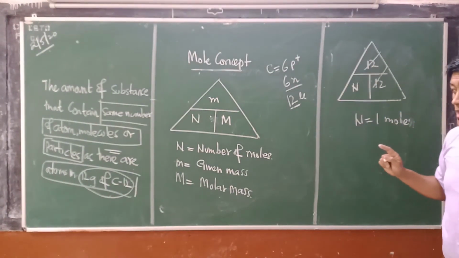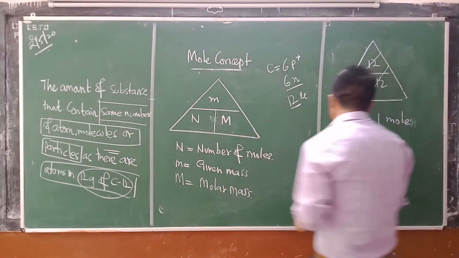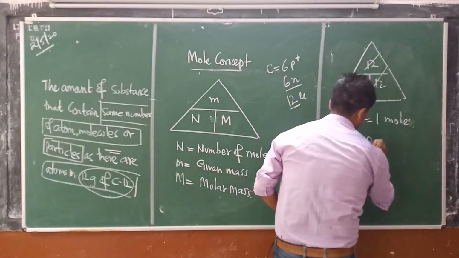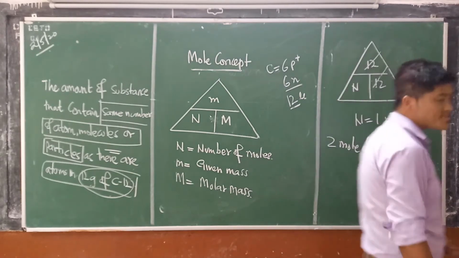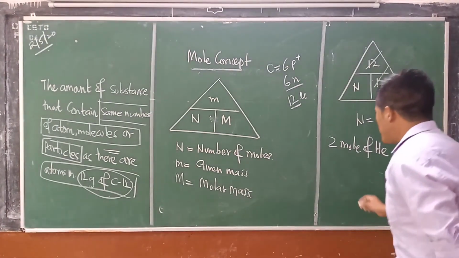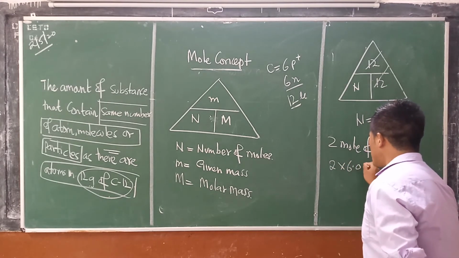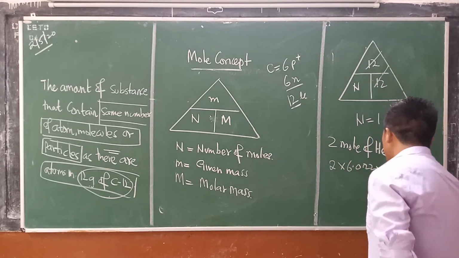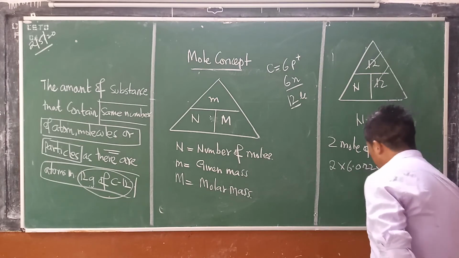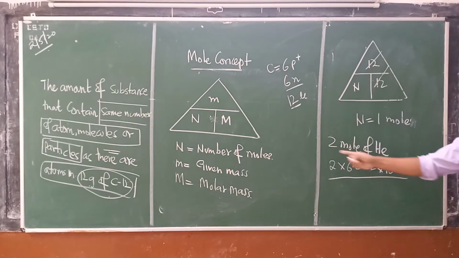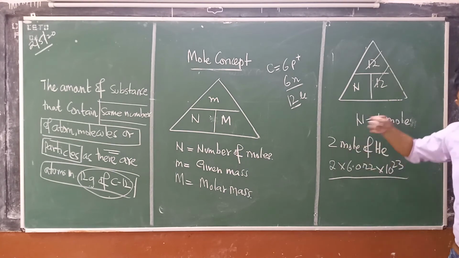Is that clear? Now let us imagine, if I say 2 mole of helium, that means I have to multiply 2 into 6.022 into 10 raised to power 23. That much number of helium atoms is present. If I say 3 mole, you have to multiply by 3.